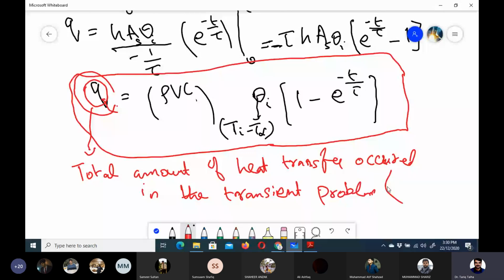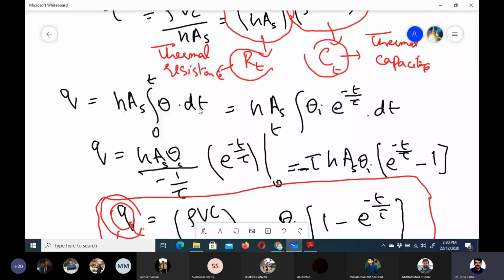Because if you go back to the original equation from where we started the integration, we multiplied the convection heat transfer rate with the time.